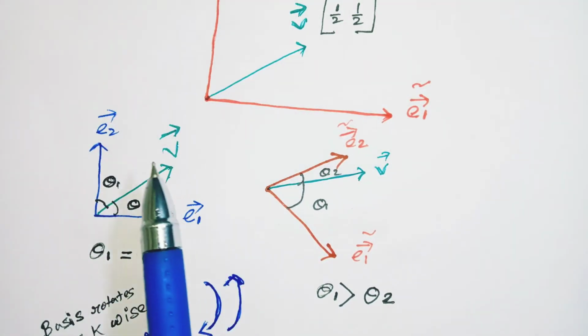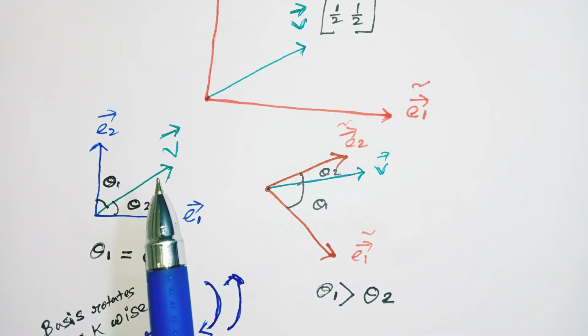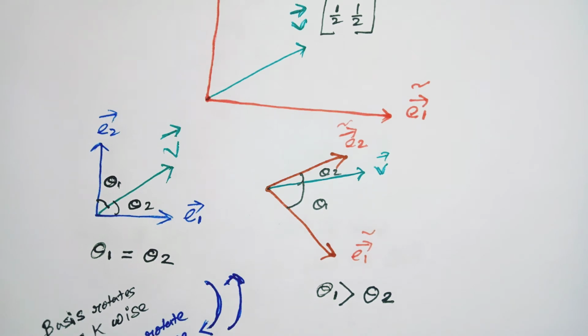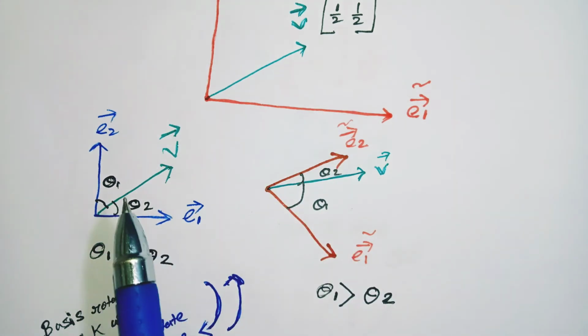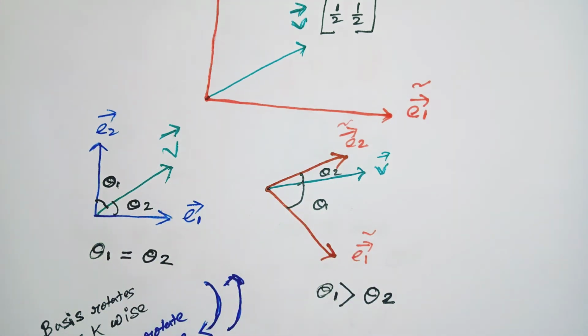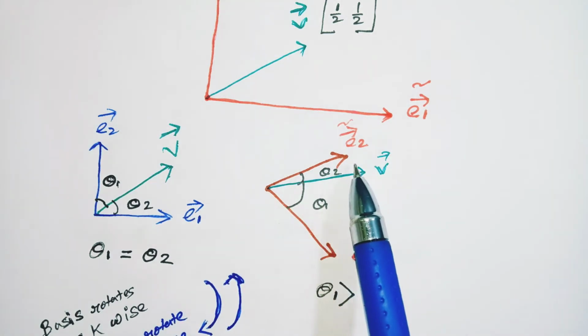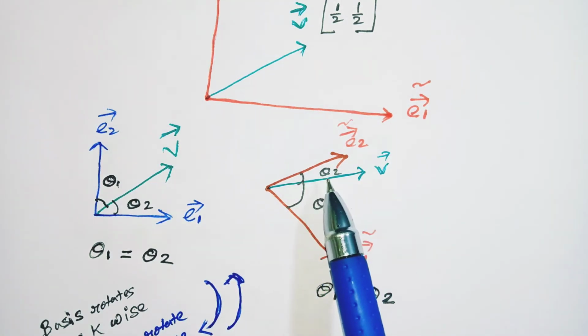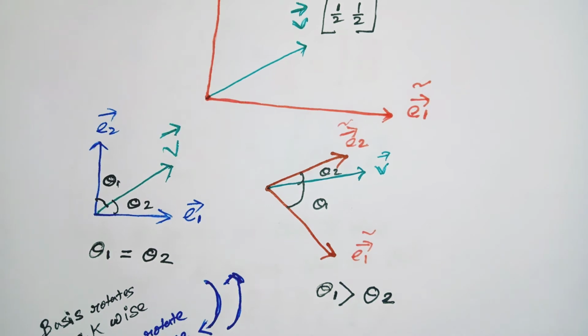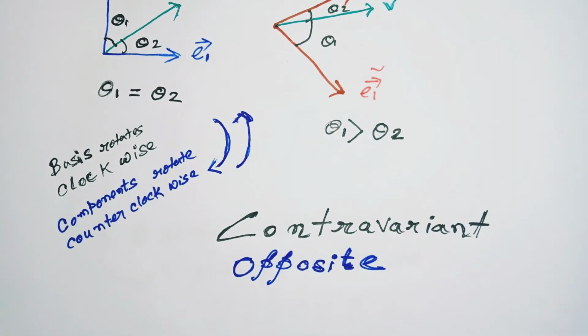Once rotated, theta 1 seems to be bigger than theta 2, and the vector v seems to incline towards the new basis vector e2 tilde. So that is why it is opposite.